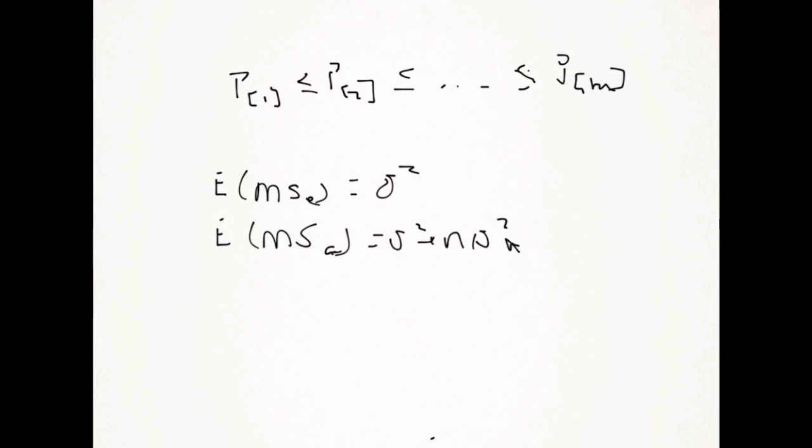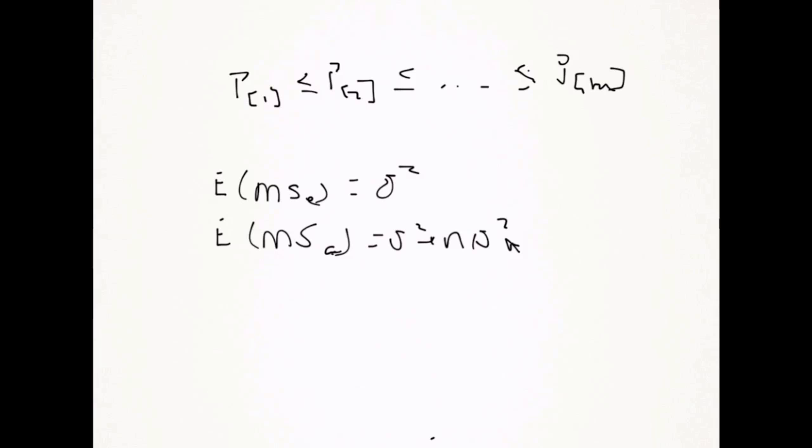Now, if I were going to estimate sigma squared sub A, then it would seem that if I subtract the sigma squared out of this quantity, I get n sigma squared sub A, and if I divide that by n, that is an estimate I could use for sigma squared sub A. So if mean square error estimates this, and MSA estimates this, then I could take the mean square for A, subtract off the mean square for E, and divide by n.